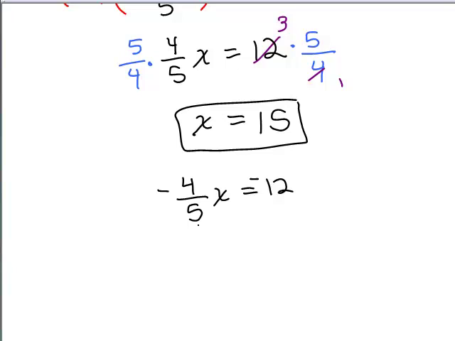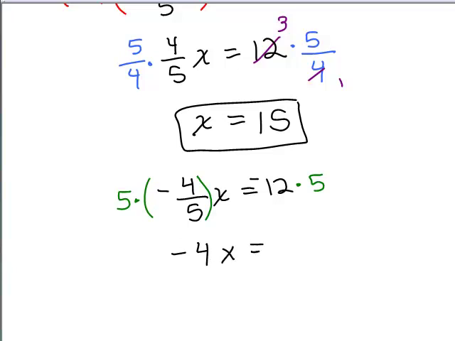You could first just multiply by the least common denominator. That's the other way we've done it in the last couple of videos. So I'm going to put parentheses around here again. I'm just going to multiply both sides by 5. That's the least common denominator, right? So you could multiply both sides by 5 to get rid of the fractions first. So instead of worrying about the negative signs, I'm getting rid of the fraction first.